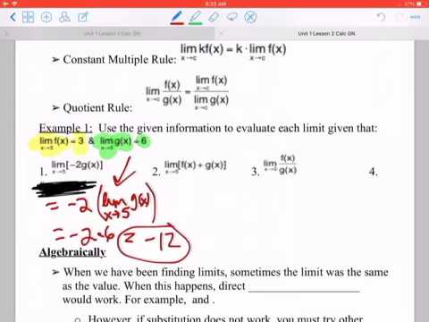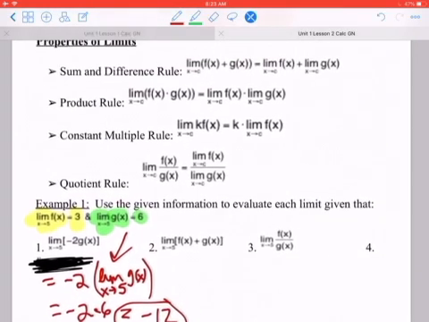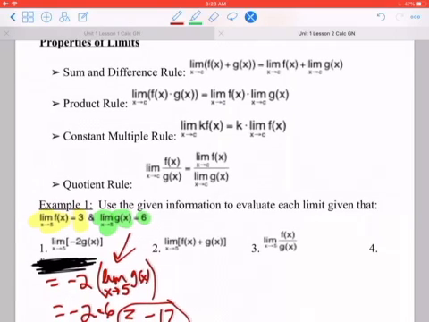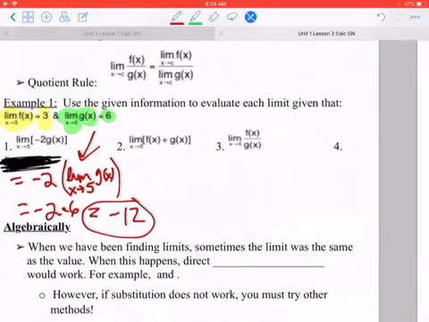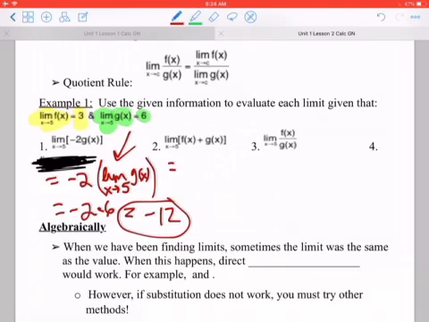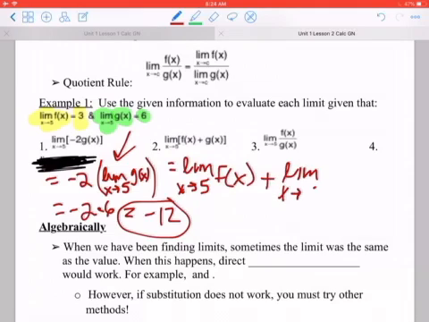Okay, so number 2, we're going to look at what rule here. That's your sum and difference rule. Okay, so we can take the limit as x approaches 5 of each of the functions separately and just add them together at the end. So this is equivalent to the limit as x approaches 5 of f of x plus the limit as x approaches 5 of g of x.